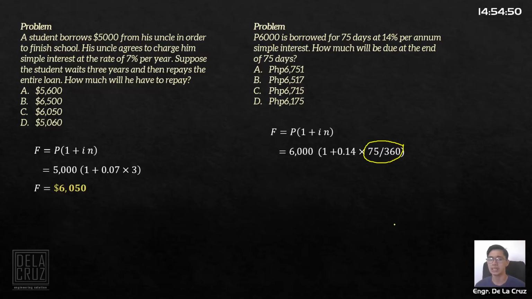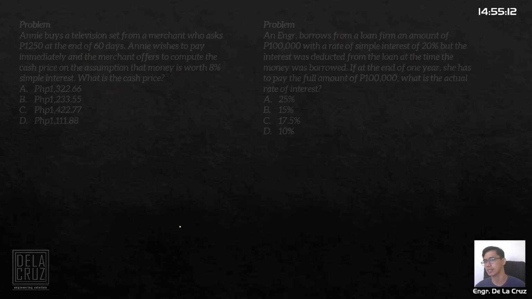Yung unit dyan is number of years. So, that's a fraction of a year. So, yung babayaran niya after 75 days is 6,175 pesos. Yeah? So, from 6,000, may tubo na 175 pesos. Okay, next.